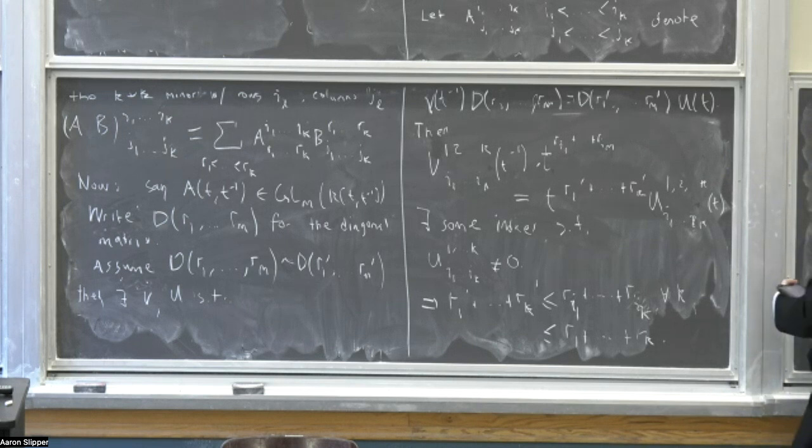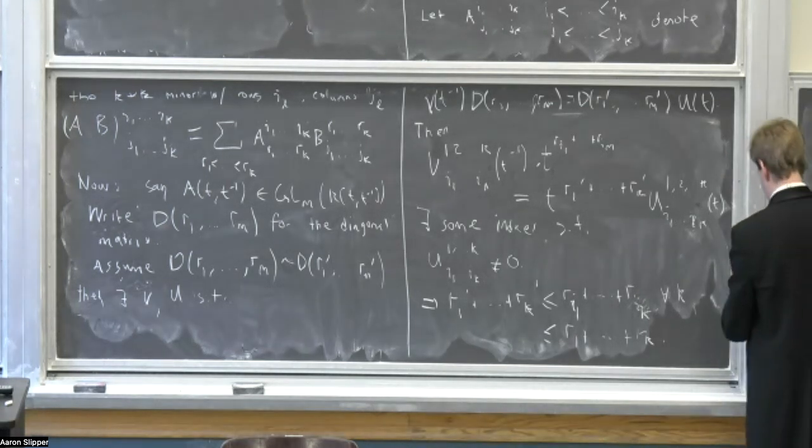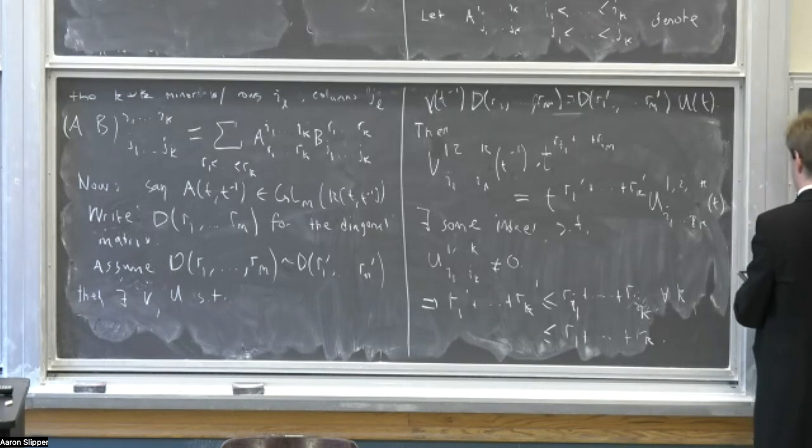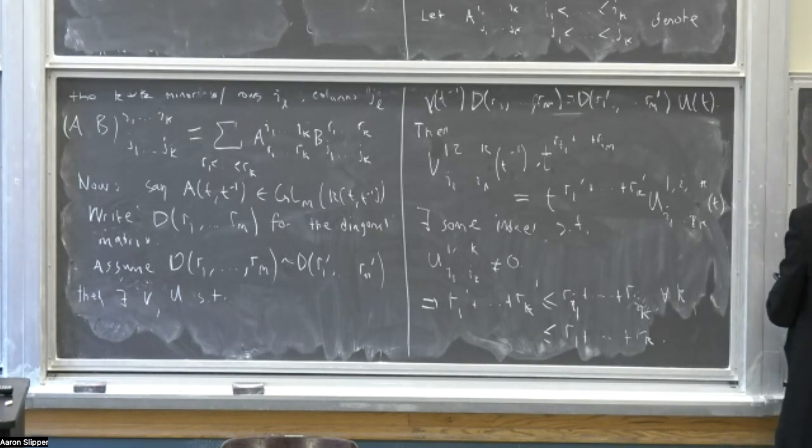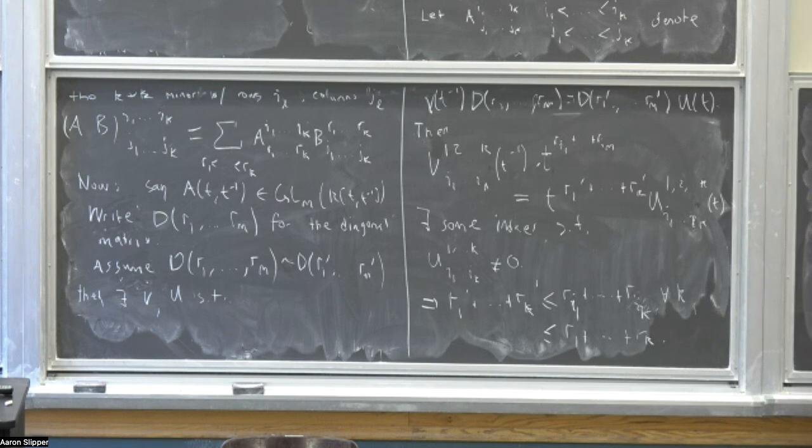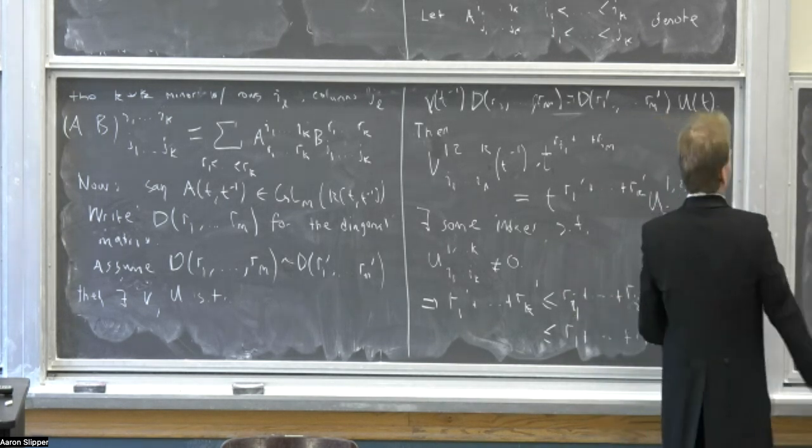And this implies the inequalities work in exactly the opposite way, which means that R1 + ... + RK is less than or equal to R1' + ... + RK'. And those two are inverse, so therefore they must be equal.